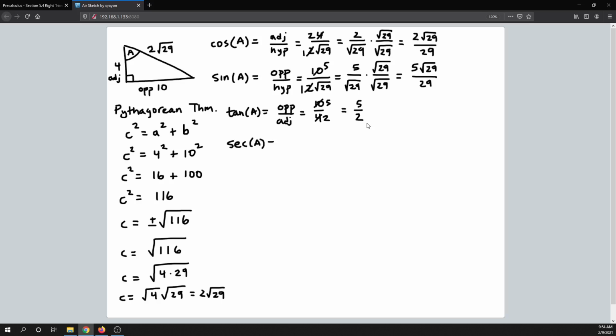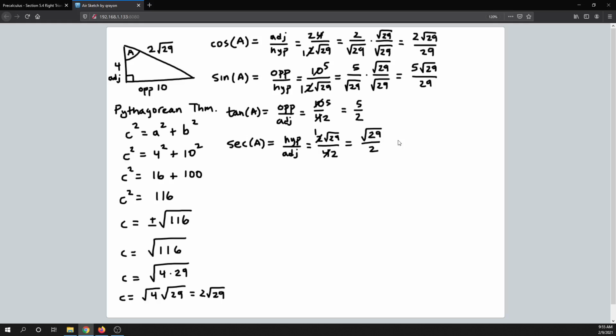Next up is secant. All right, that is hypotenuse over adjacent. So the length of the hypotenuse is 2 square roots of 29. The length of the adjacent side is 4. And here we have, again, a common factor of 2. 2 goes into itself once, it goes into 4 2 times. So I have square root of 29 over 2 for the secant.